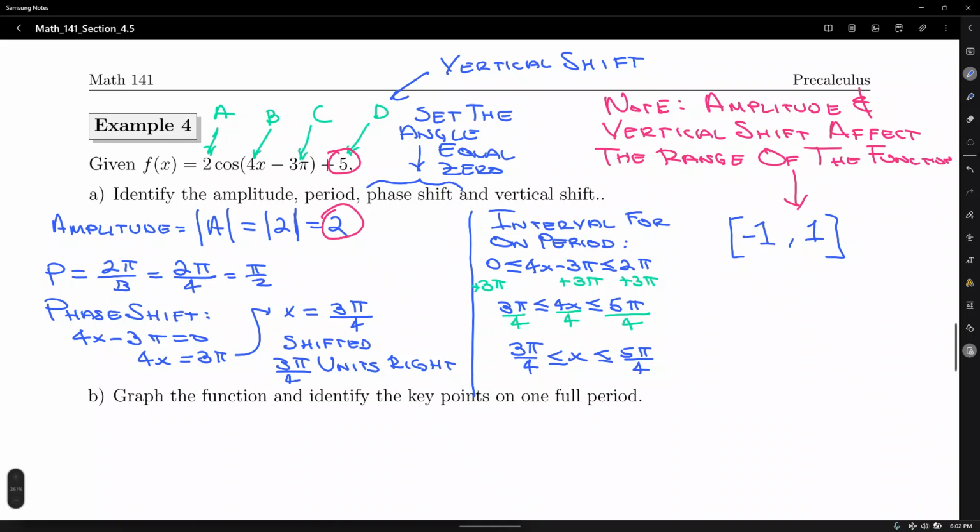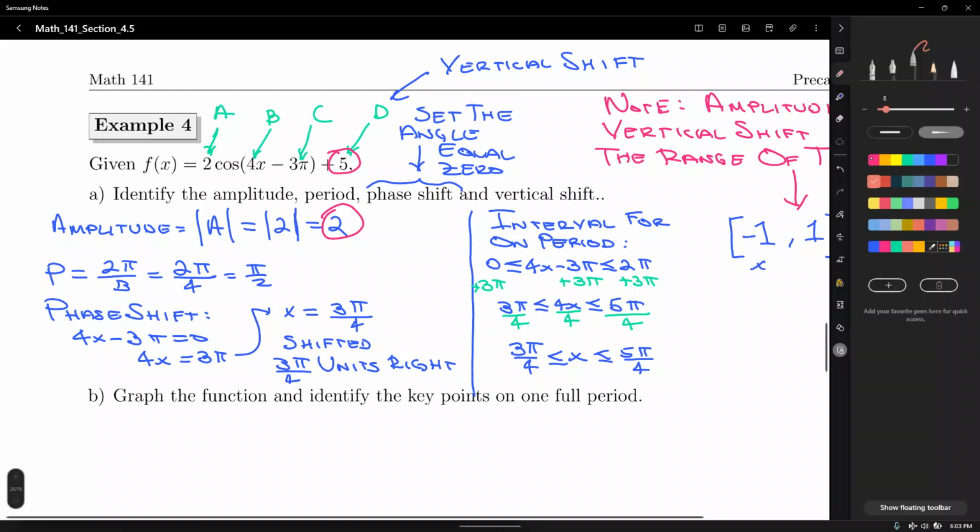But which one do we do first? Do we do the addition by 5 first, or do we do the multiplication by 2? Guys, this is key right here. The key is to use PEMDAS. So yes, we have a multiplication by 2 and an addition by 5. By the order of operations, the multiplication goes first. So multiply both endpoints of the range by 2. Let me use a different color.